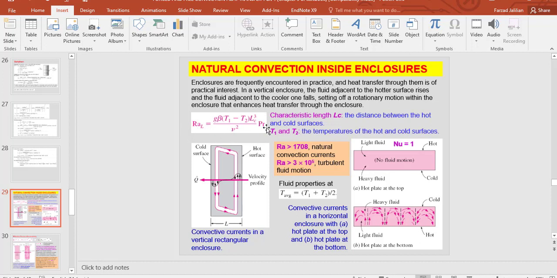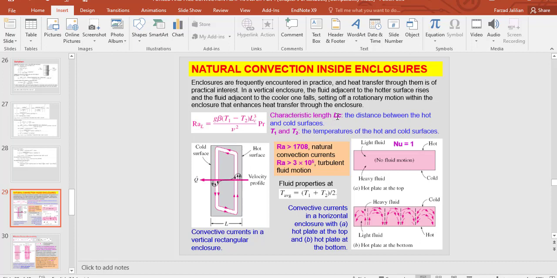For the enclosure, we should use this equation to calculate the Rayleigh number. And this LC, if you remember, is the characteristic length, which we need to calculate the Rayleigh number, and it is the distance between the hot and cold surfaces for an enclosure.